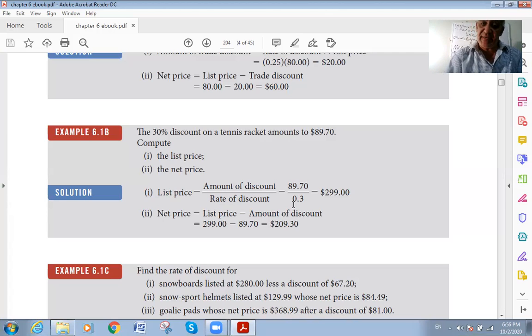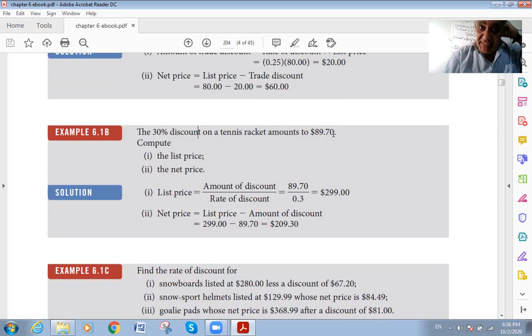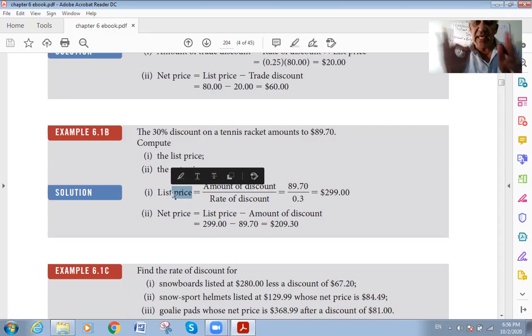It's the same idea, so I will leave this for you to solve. The rate of discount is 30% and the discount amount is 89.7. If I divide the amount of discount by the rate of discount, I will get the list price. Like 5x equals 15, then x equals 15 divided by 5. It's the same idea.